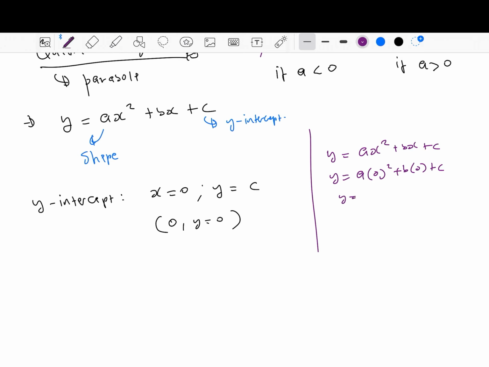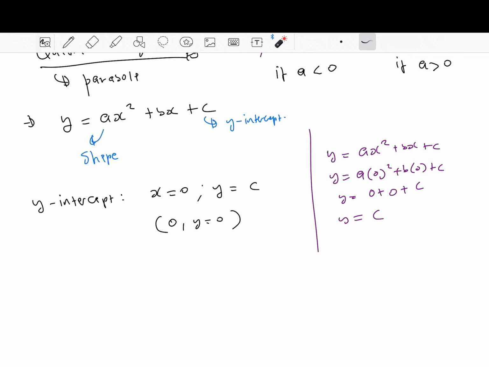So a times 0 squared, that's 0. b times 0, that's 0. Plus c, so 0 plus 0 is 0, plus c, that's c. So y is equal to c when x is equal to 0. That's very important. When you see c, you see a y-intercept. But I'm going to show you what a y-intercept is in the real world.